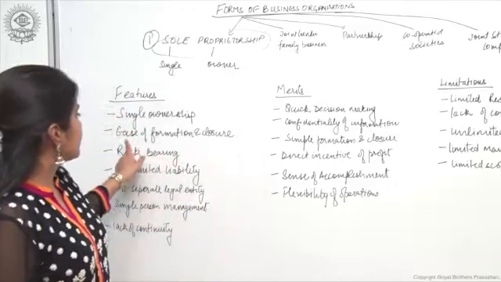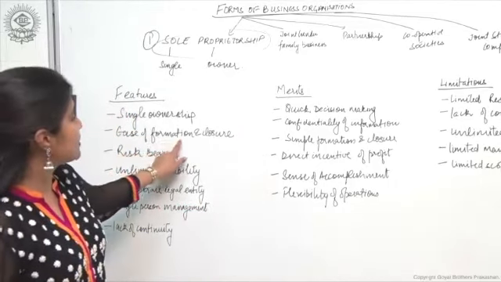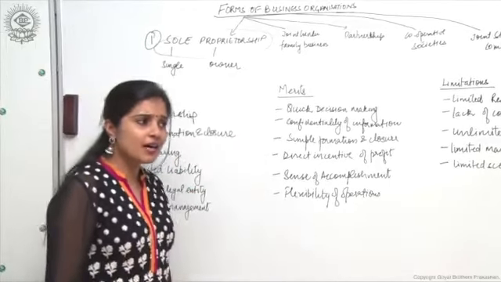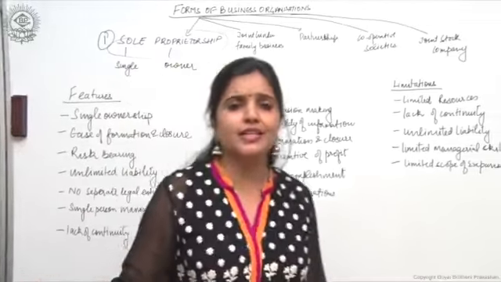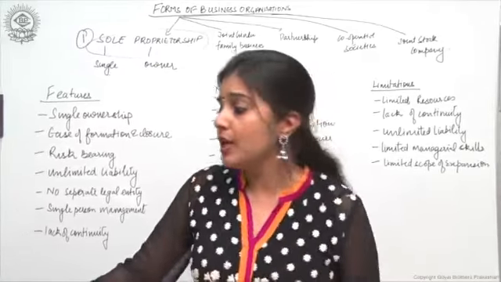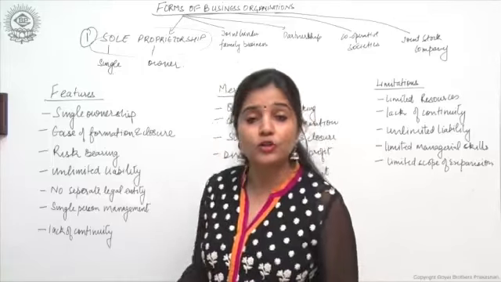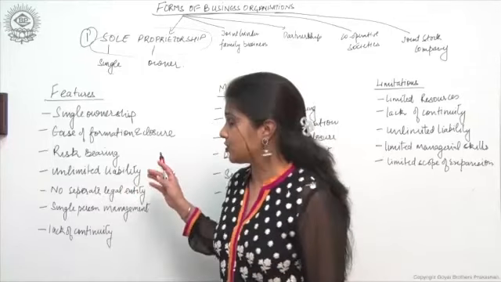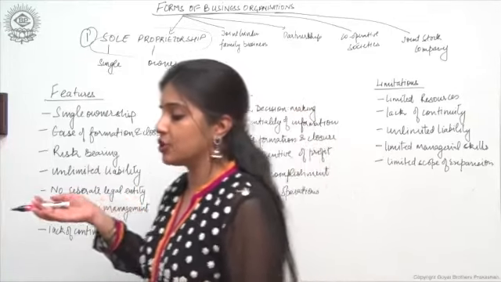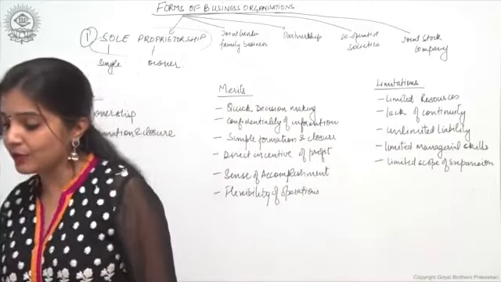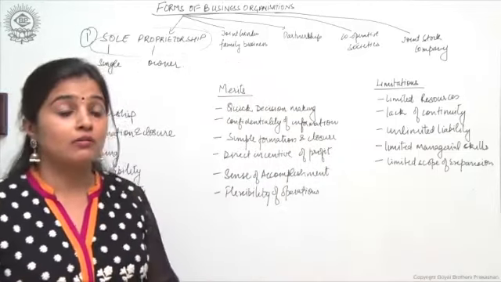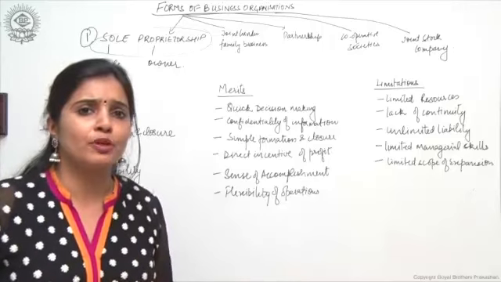Second characteristic is ease of formation and closure. There aren't any legal formalities basically which are to be pursued or carried out for the sole proprietorship form of organization. When we talk about sole proprietorship, the best example that I can give you is that of a shopkeeper.